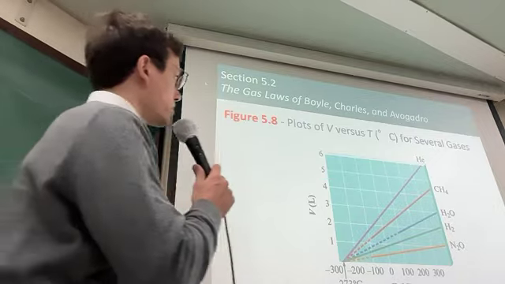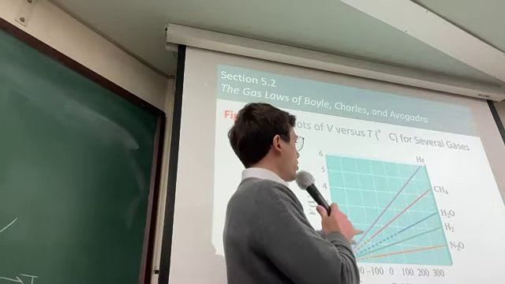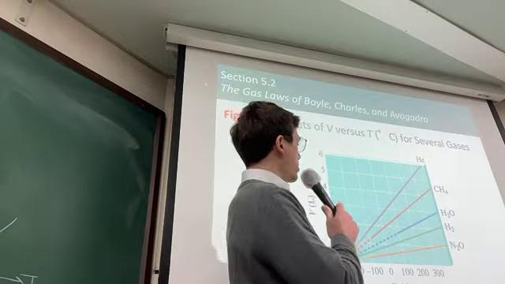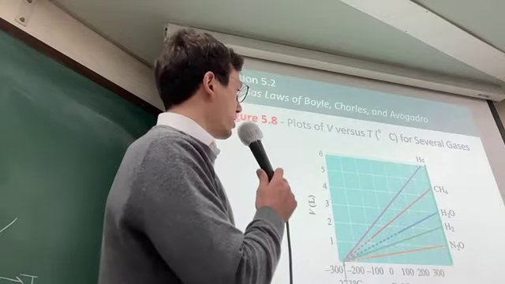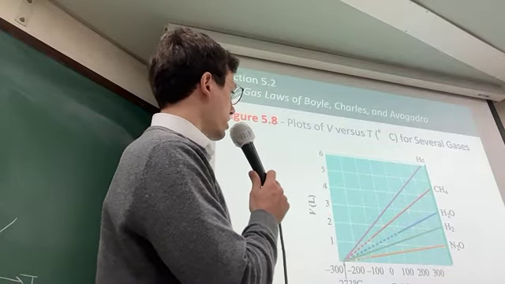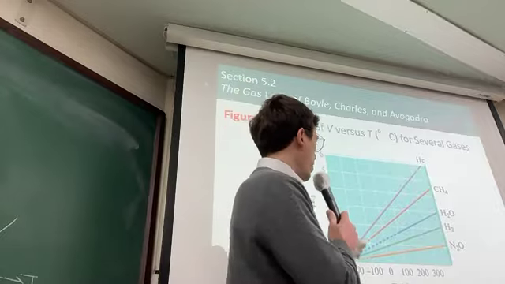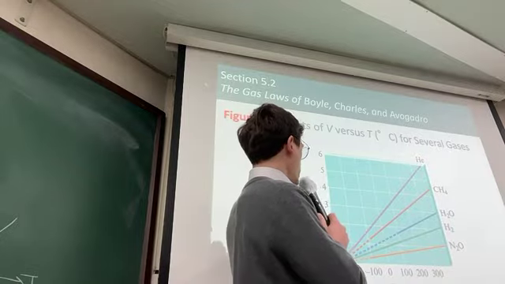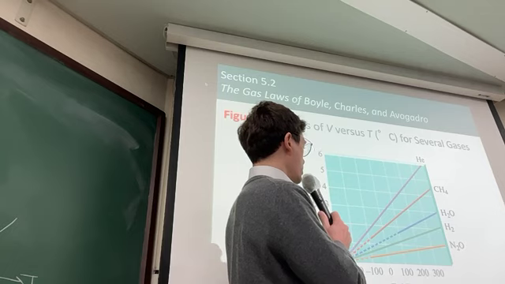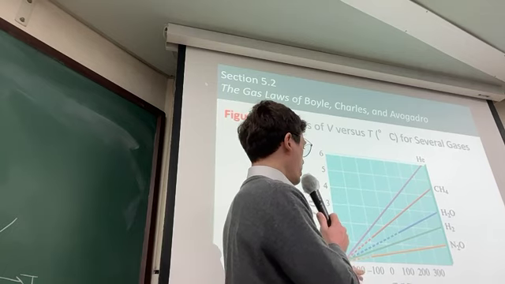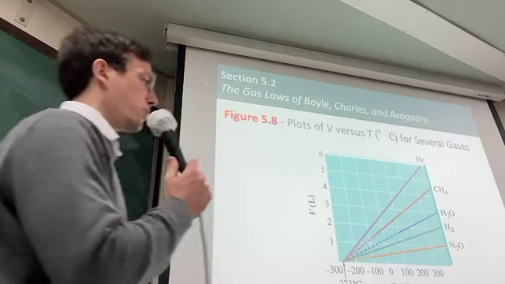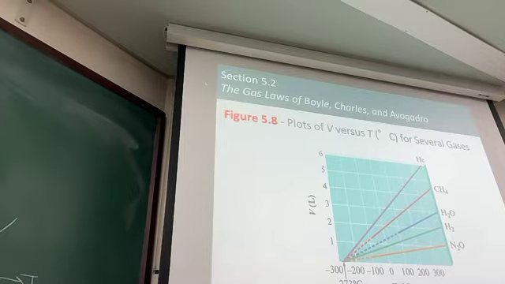So you have all these different measurements of volume and temperature relation. They are proportional to each other with different slopes depending on the gas, and then somehow they all reach the same point where the volume is exactly 0 and the temperature is minus 273, which is defined as 0 Kelvin.